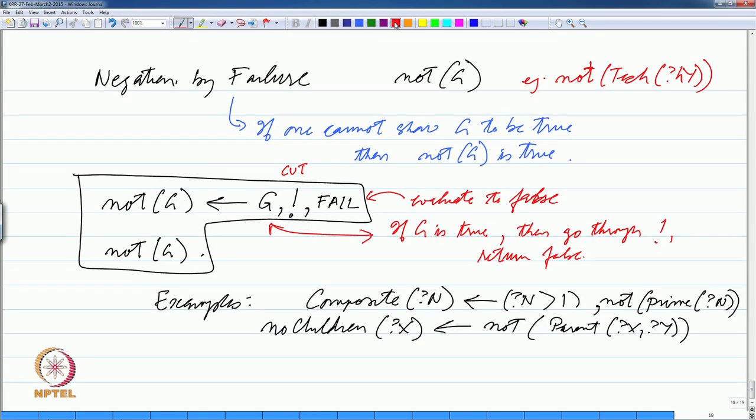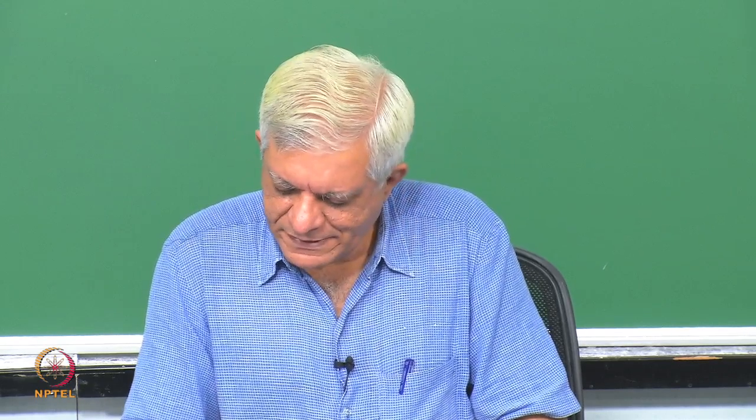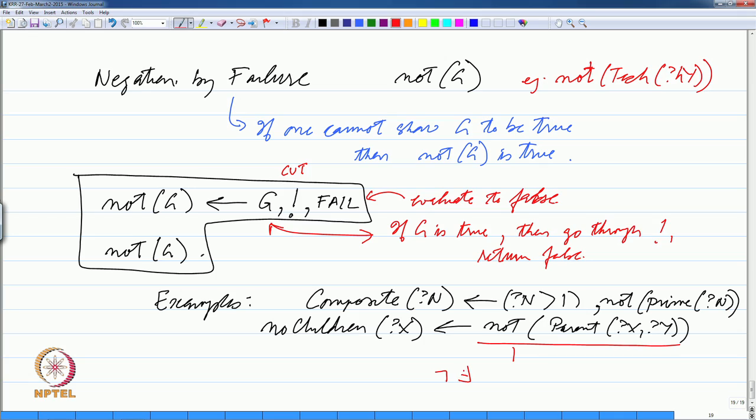This example has been given in one of our textbooks, which is Brachman and Levesque. So, you must go and read it up there, but you must be careful that the reading of this is that there does not exist a y, that y is an existentially quantified variable in this case.